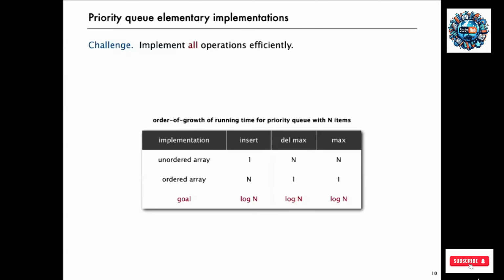Even without implementing it, you can understand this table: if we use an unordered array implementation, we can get insertion done in constant time, but we have to look at everything to delete the maximum or even find the maximum. If we keep it in order, we can find the maximum or delete it in constant time, but it takes us linear time to insert.